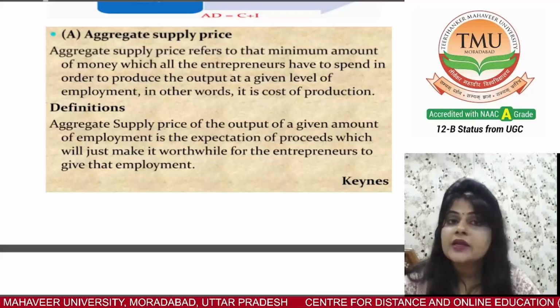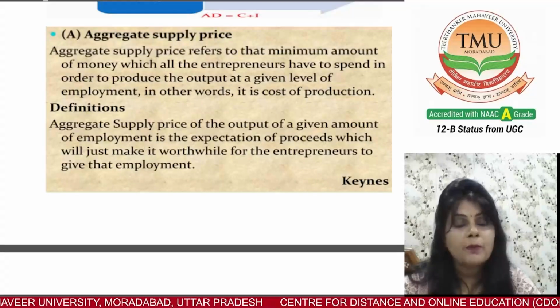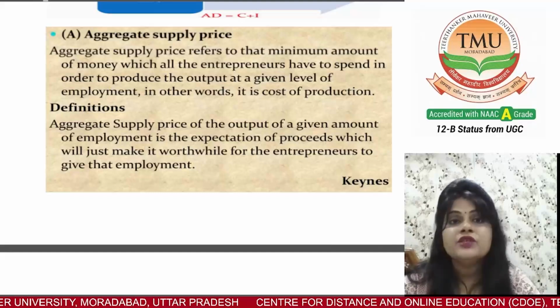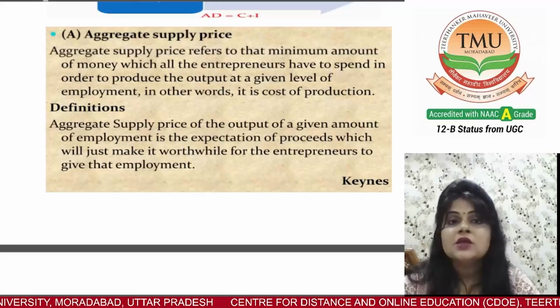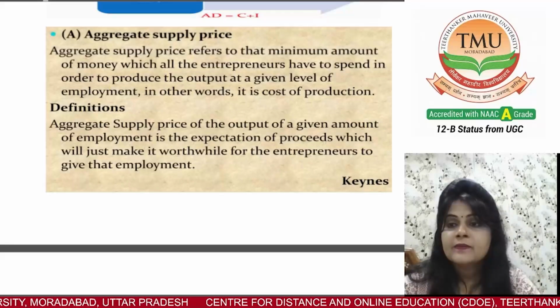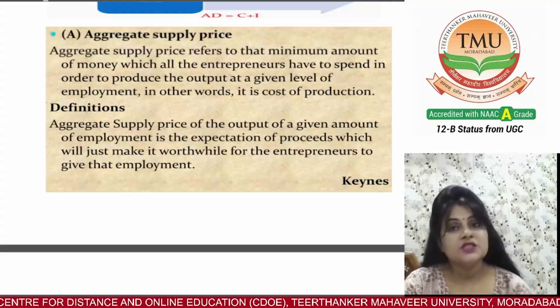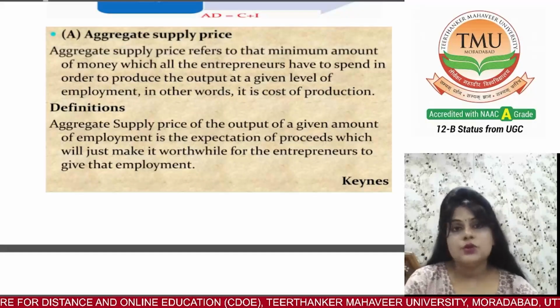Here, the aggregate supply price of the output for a given amount of employment is the expression of proceeds which will just make it worthwhile for the entrepreneurs to give the employment. So it means employers hire and purchase various inputs and raw materials to produce goods.